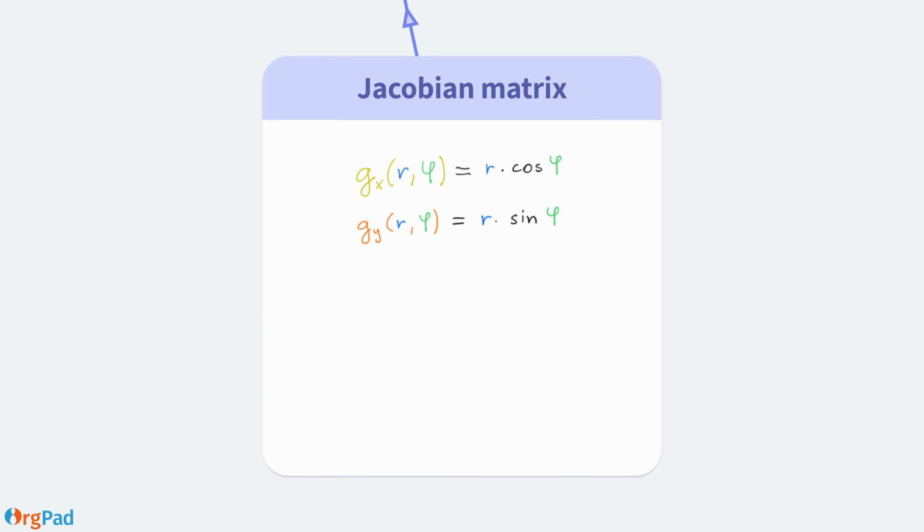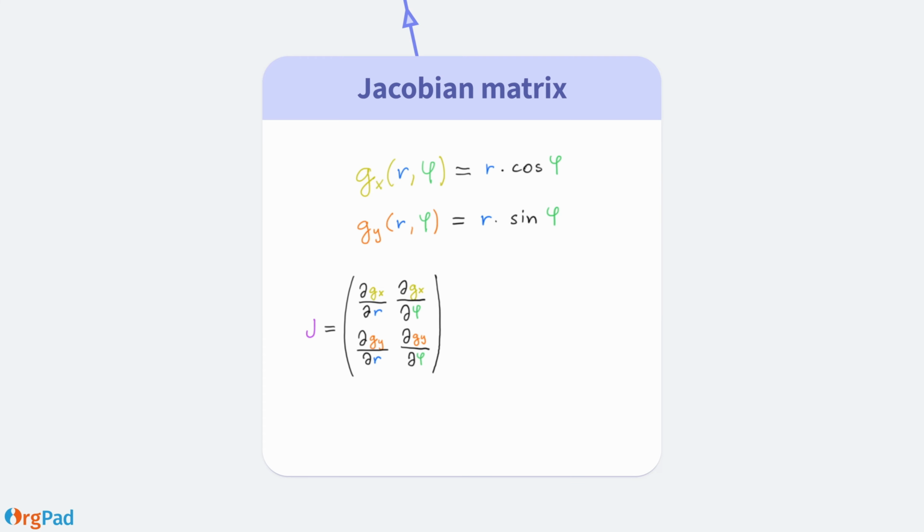For each of these functions, we have two partial derivatives with respect to r and phi. In total, there are 4 partial derivatives which can be placed into a 2x2 matrix called the Jacobian. The first column contains partial derivatives with respect to r, while the second one with respect to phi.